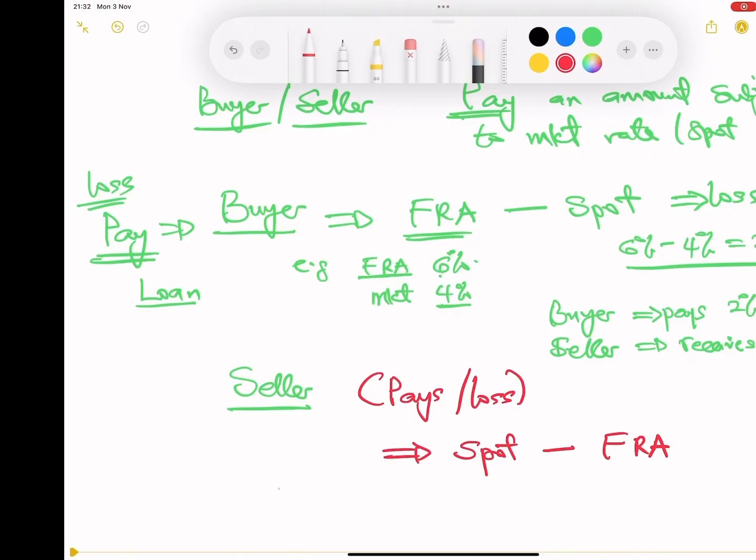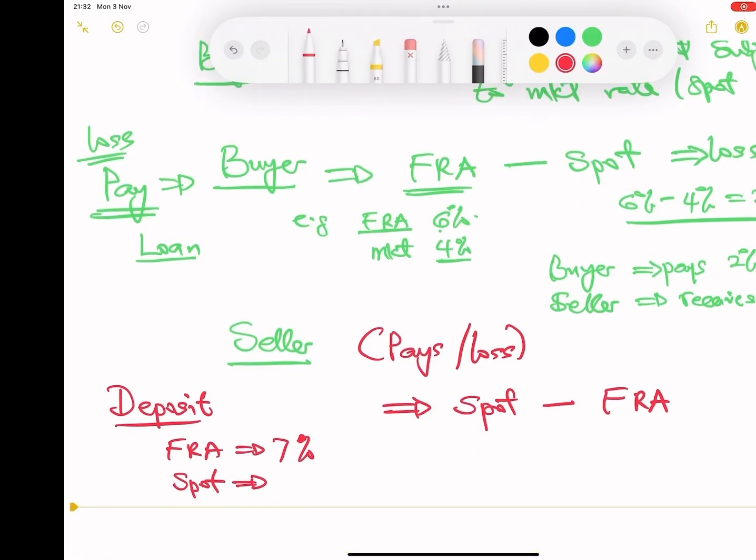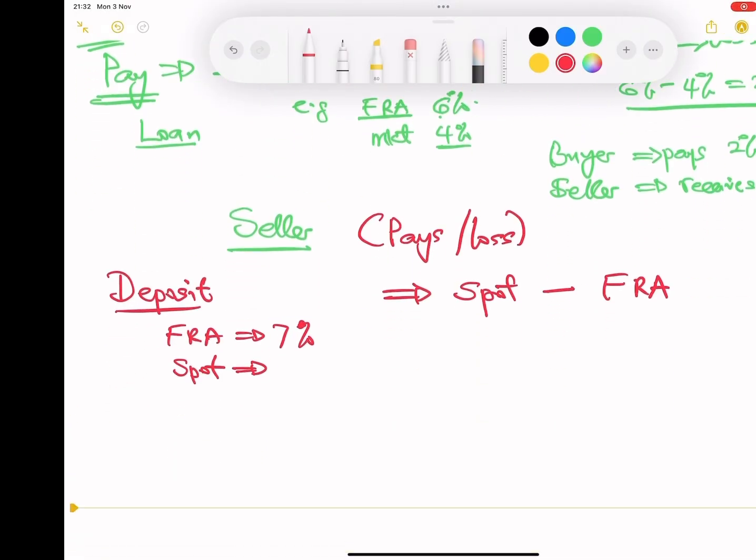So if you are a seller, which means you have a deposit, and you think rates will come down, so you agree an FRA, let's say at 7%, and in the future when the transaction is about to take place, the market rate has now turned to 6%.